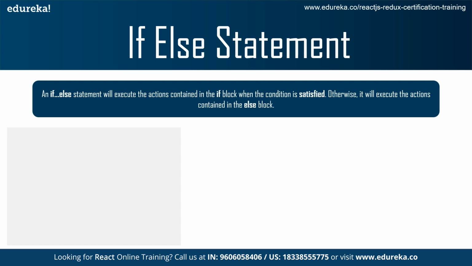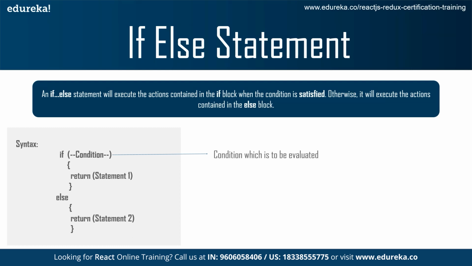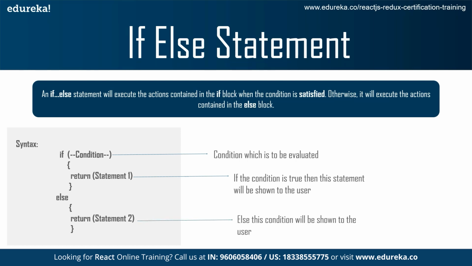So now let's check this in a simple syntax, and see here we have a condition which is to be evaluated and we have a statement inside the if block. So this will execute when the condition is satisfied, or else the statement in the else block will be executed.